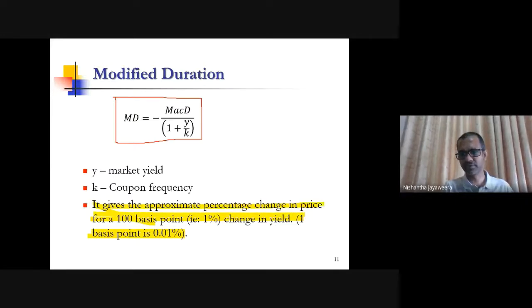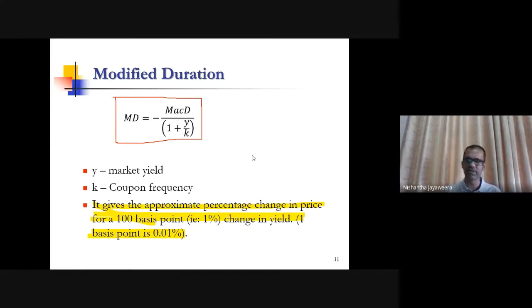So you can see when the yield is very small, then 1 plus something would be almost 1. Then there won't be any difference between modified duration and Macaulay duration. So therefore, even duration we can consider as the percentage change. When we say duration is 8, we can consider it as approximately, for a 1% change in yield, bond price would change by 8%.